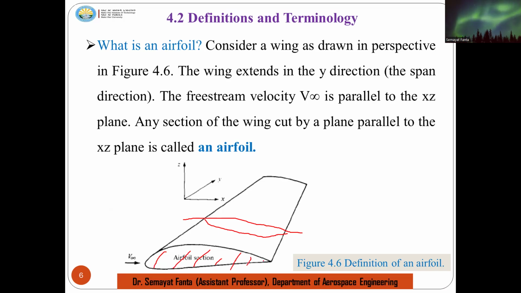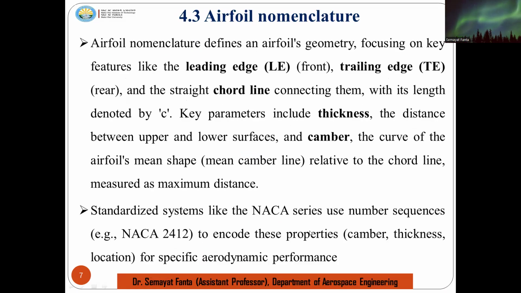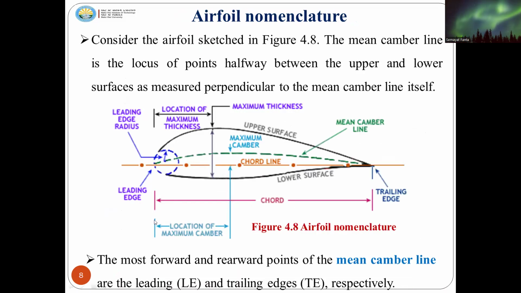This is the aerofoil shape. It is two-dimensional. In the three-dimensional wing, we can observe two-dimensional sections. And this aerofoil shape has different nomenclature. Actually, we can observe a two-dimensional aerofoil here. This is a cambered aerofoil. So on that, we can observe different cross-sections.